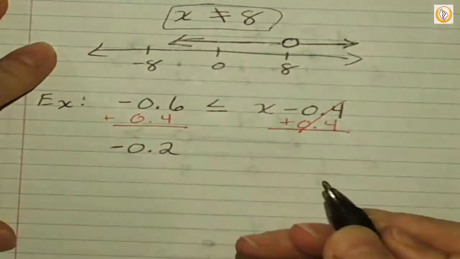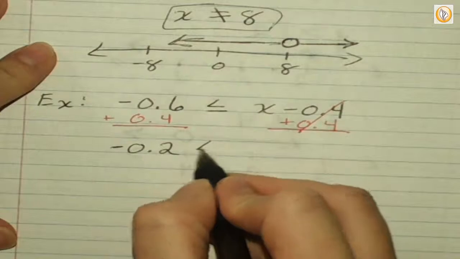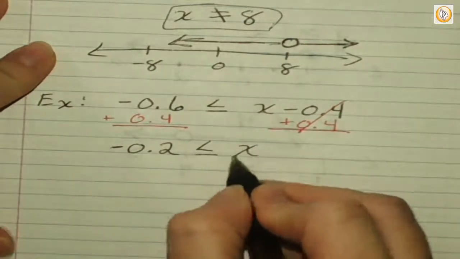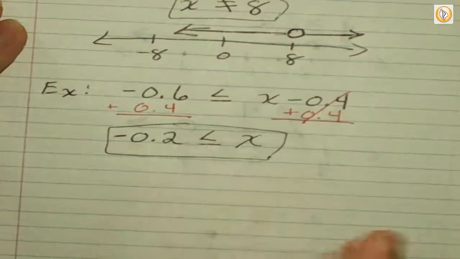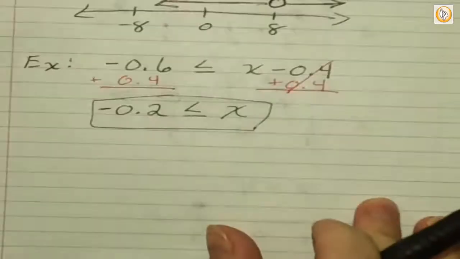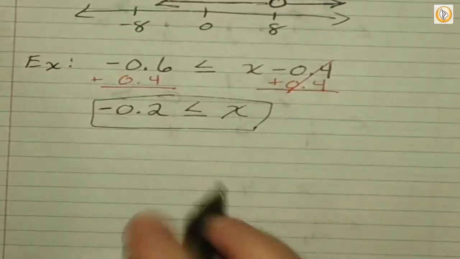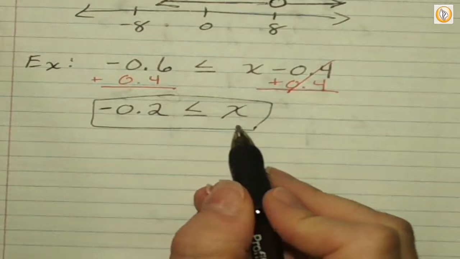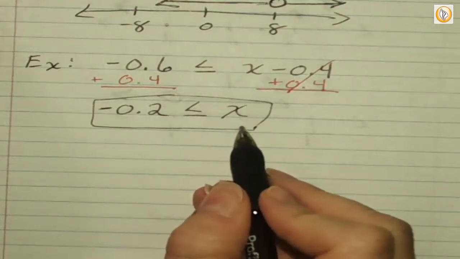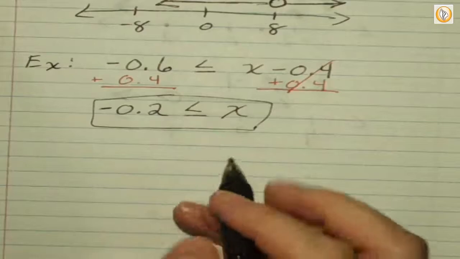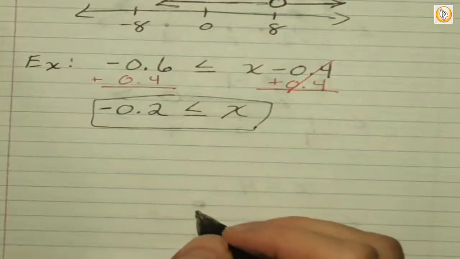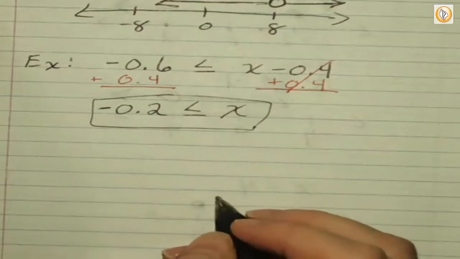You're correct. It's negative 0.2 less than or equal to x. Good job. See, Miranda, that wasn't so bad. Now, notice the x is on the other side. On your homework, IXL, everywhere else, if you write it like this, it's okay. It's not wrong. Some people want the x on the other side.